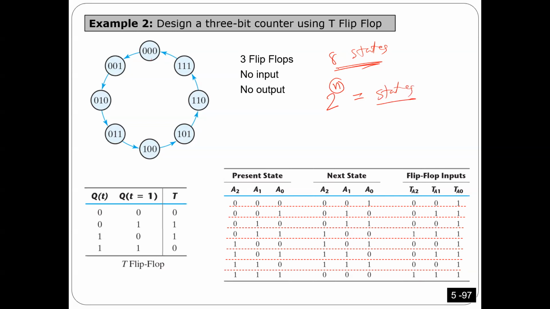First you need to know how many states you need in your circuit. That's number 1. And then you need to decide how many flip-flops you have to use to get this number of states. So in this case, because I have 8 states, I need 3 flip-flops. Is that okay? Any questions?